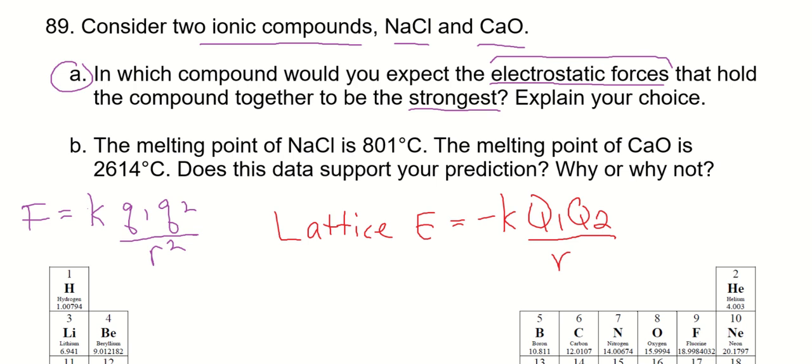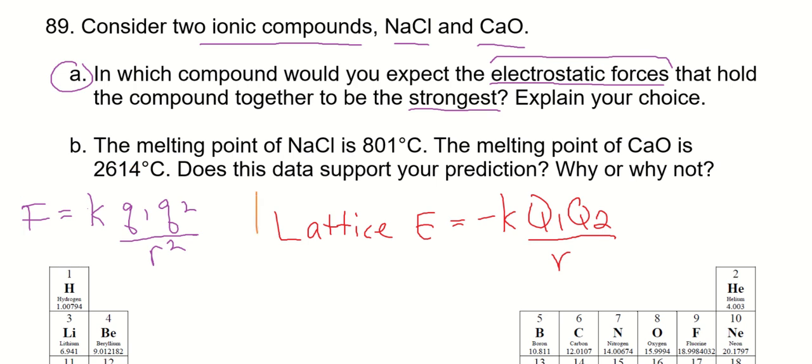If you integrate the Coulombic force over the distance between the two ions, you get the potential energy between those two ions. Lattice energy is the total of all that potential energy of all those electrostatic interactions in the lattice of that ionic compound.